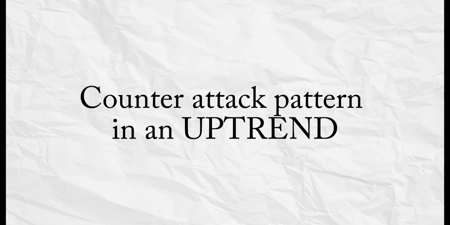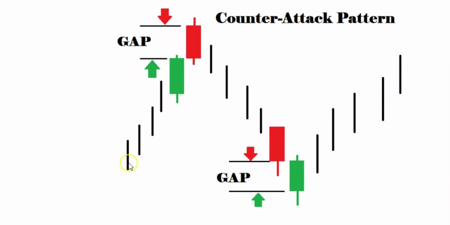In this pattern, during an uptrend, a green bullish candle initially forms along the uptrend path, but as the trend continues, the second candle opens with a gap down. As sellers gain strength and buyers weaken, the price gradually declines and eventually the gap is filled and the closing price of the second candle aligns with the closing price of the candle before it, forming a price level.